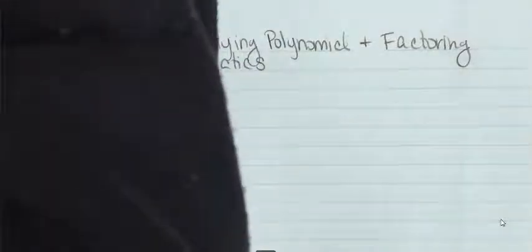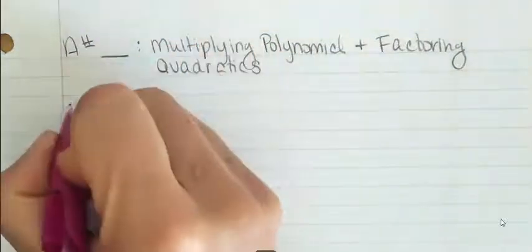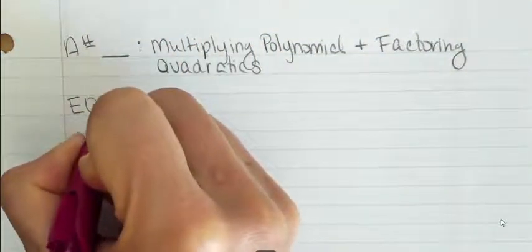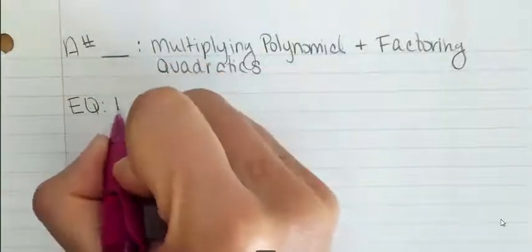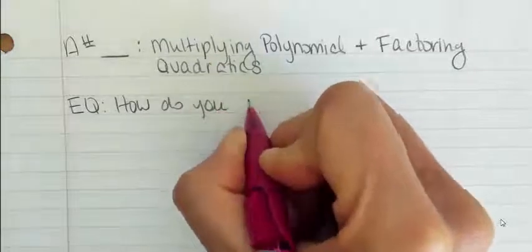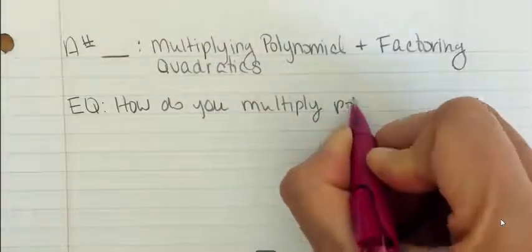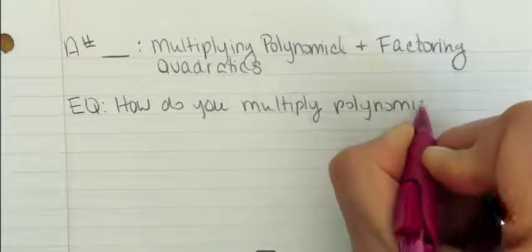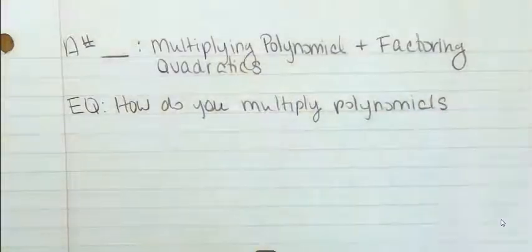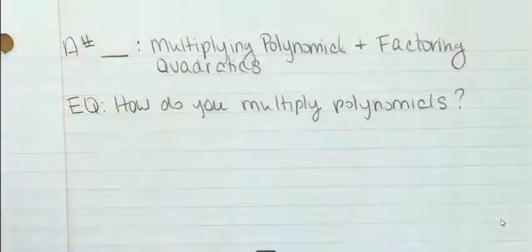Find my ruler. All right, so we're going to do an essential question. How do you multiply polynomials? What is the special multiplying pattern for two binomials?